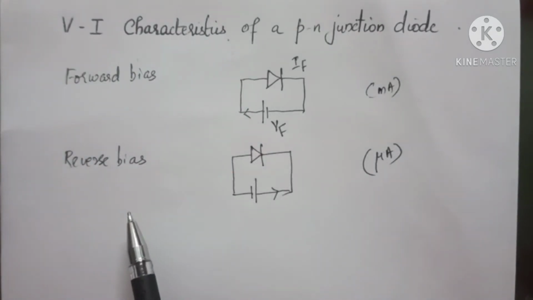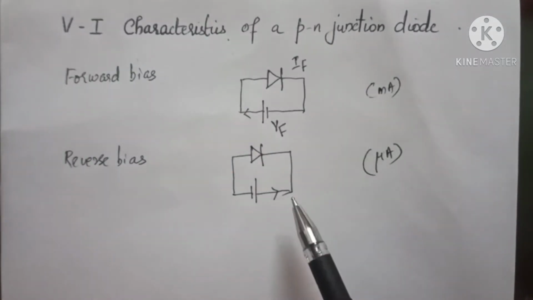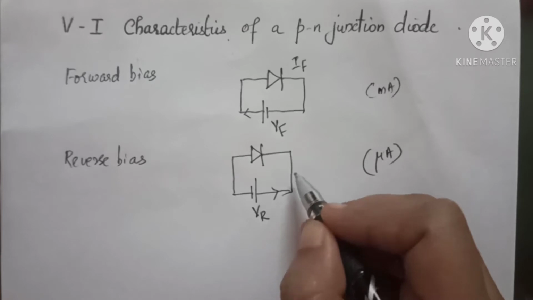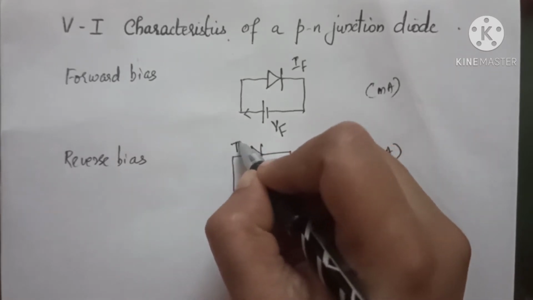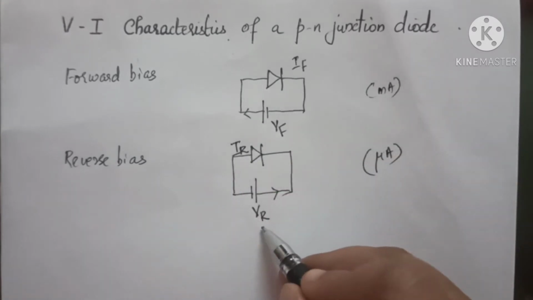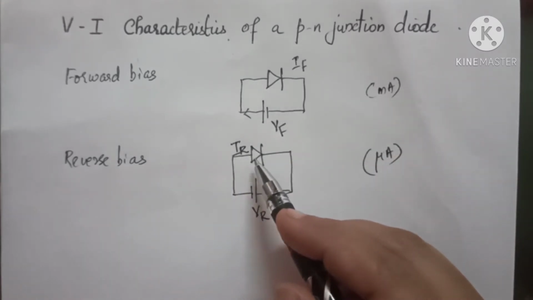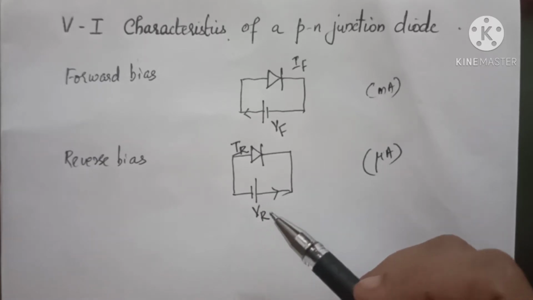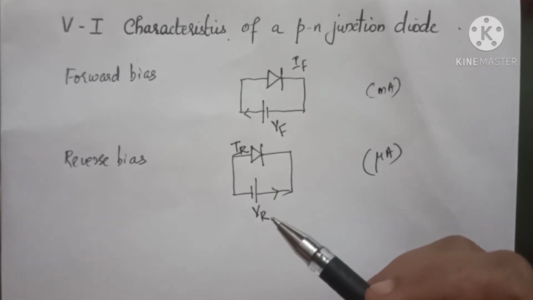The VI characteristics of a reverse bias PN junction diode means the reverse voltage, which we write as VR, produces a minority current, that is IR. That is reverse voltage and reverse current. If we draw a graph between VR and IR, we call it the VI characteristics of the diode.